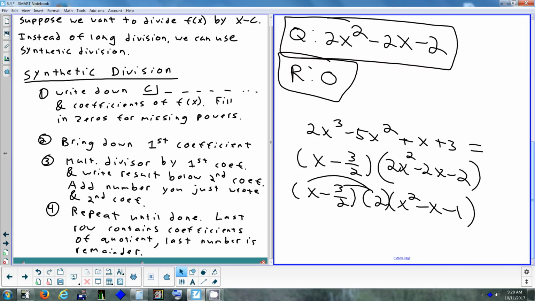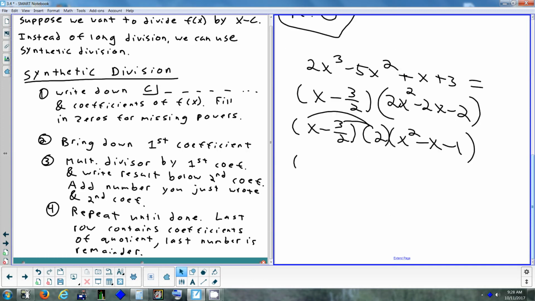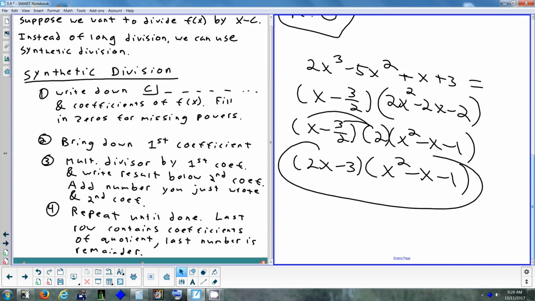You wouldn't have fractions anymore. So you could write this as 2x minus 3 times x squared minus x minus 1. I don't really think there's anything else you could do with it. Okay, so there it is in factored form. Any questions on that one?